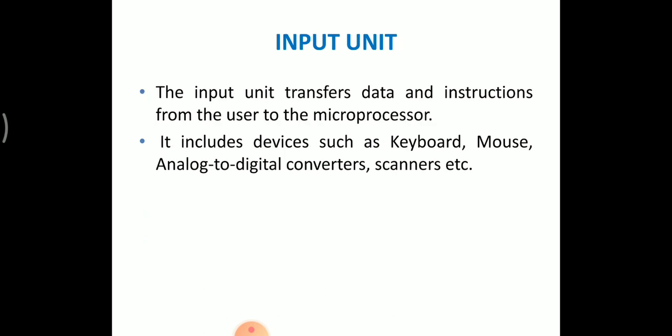The next unit of microcomputer is input unit. The input unit transfers data and instructions from the user to the microprocessor. It includes devices such as keyboard, mouse, analog to digital converter, scanner, etc.